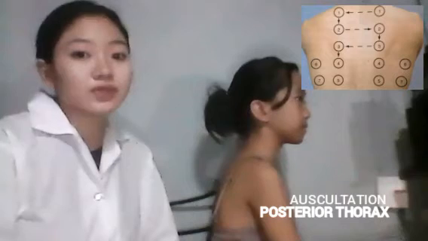So with the breathing in and out, there seem to be normal breath sounds elicited.